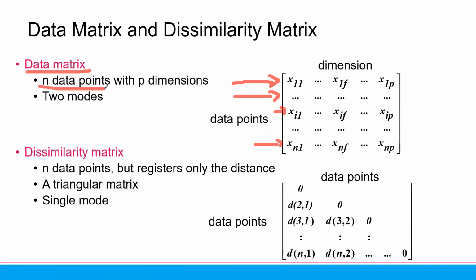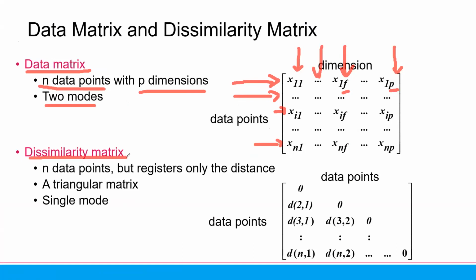We can say these are n data points. And we have p dimensions: dimension 1, dimension 2, the f dimension, or dimension f, until the p dimension. And we call this two modes because we have the x and y.